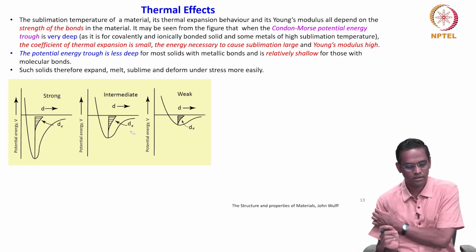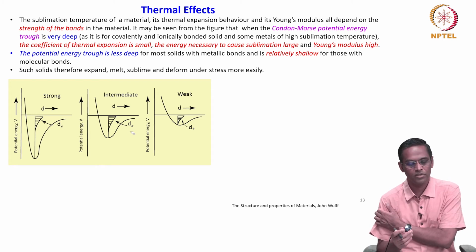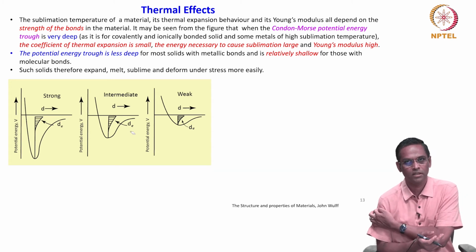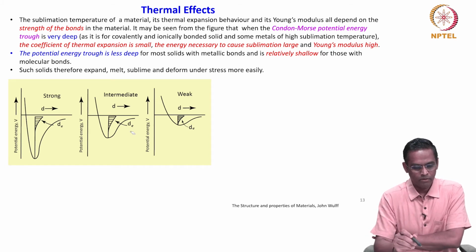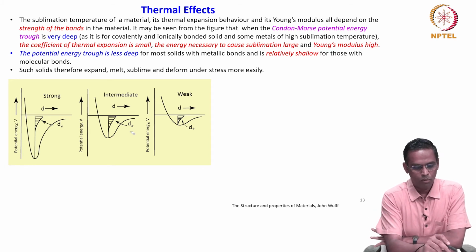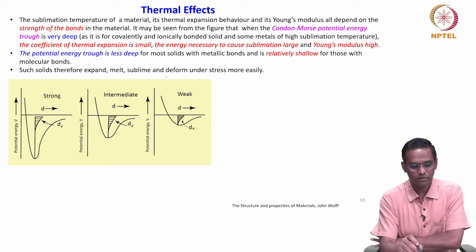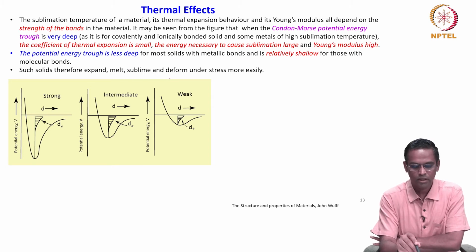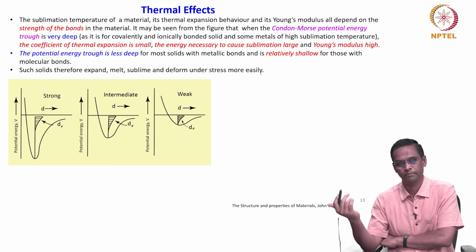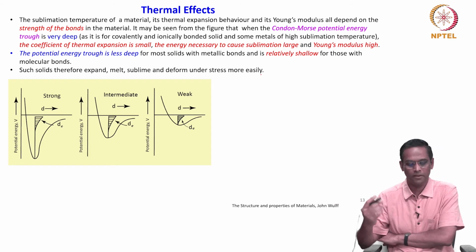This is the idea for which we have been discussing all this these days. So, when you have a shallow potential energy trough, then the material can easily melt, it can easily sublimate, or it can undergo deformation more easily. So, this is a very important point, you have to keep in mind.